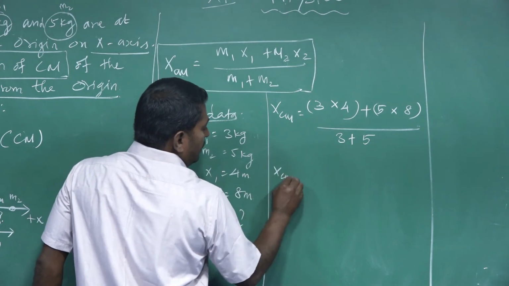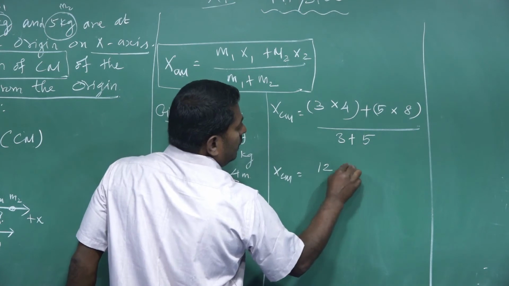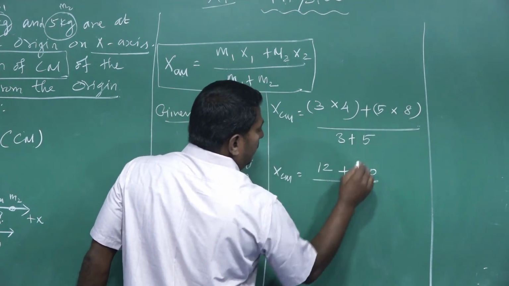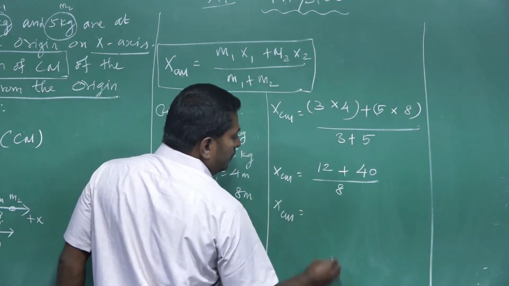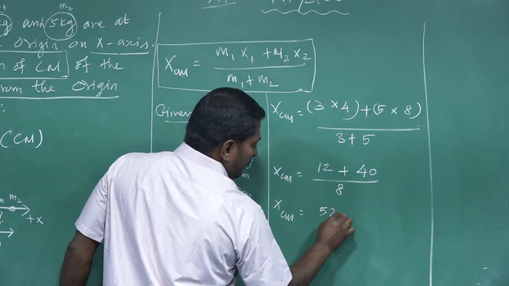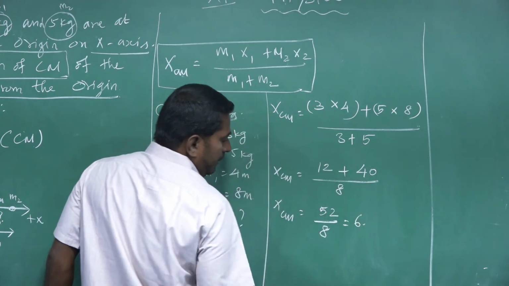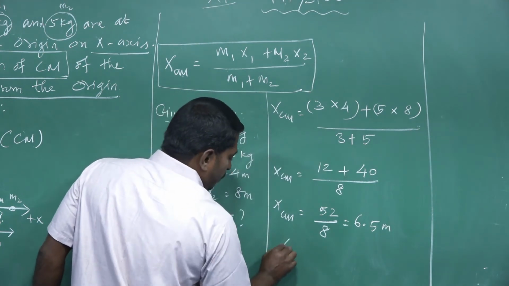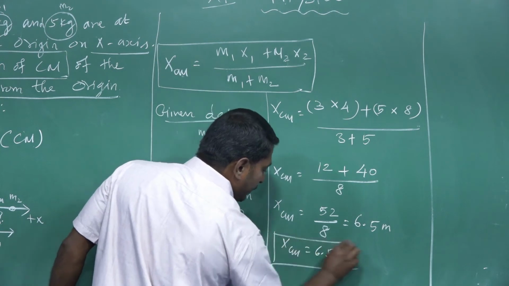So XCM is equal to 3 into 4, 12, plus 5 into 8, 40, divided by 3 plus 5, 8. XCM is equal to 52 divided by 8, which is equal to 6.5 meter. So XCM is equal to 6.5 meters.